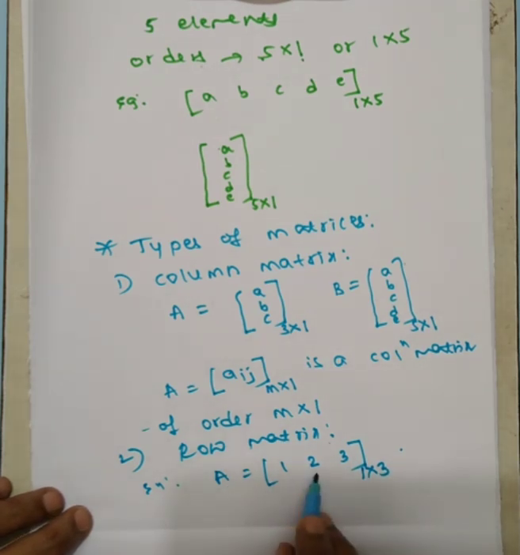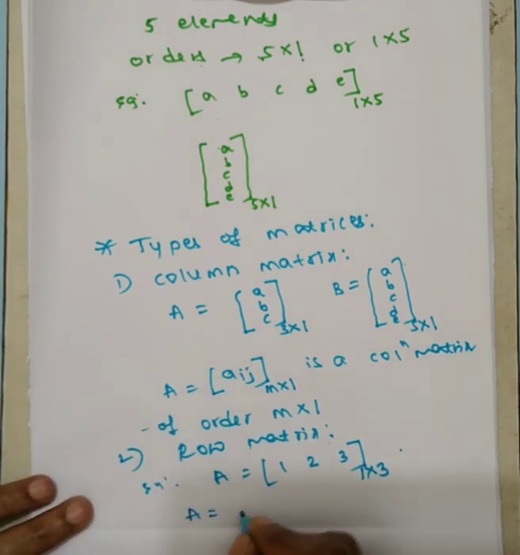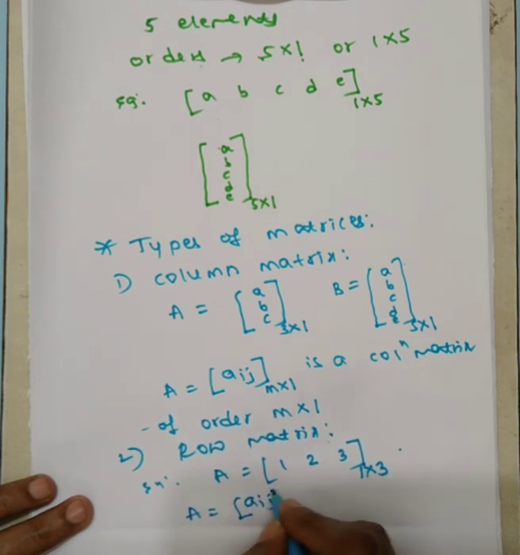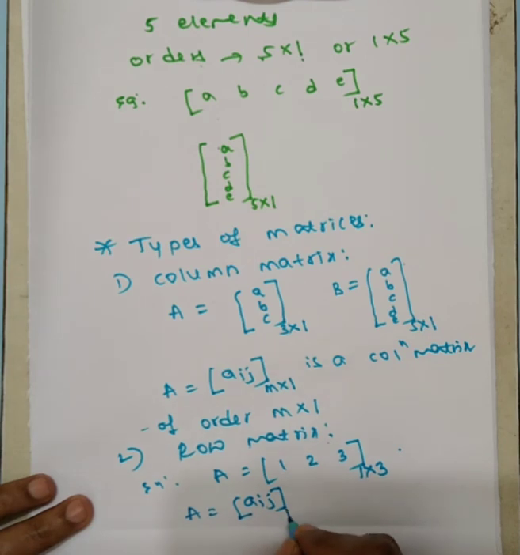So row matrix means what? Matrix having only one row. How will you write it in general? That is A is equal to Aij. You can use any letter, you can use Bij. Okay, Aij here is 1 by n.